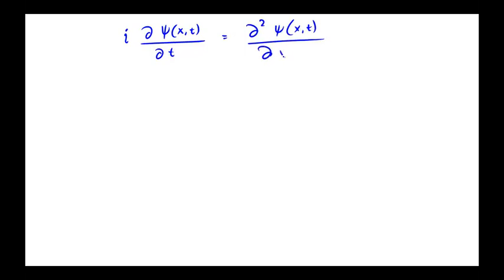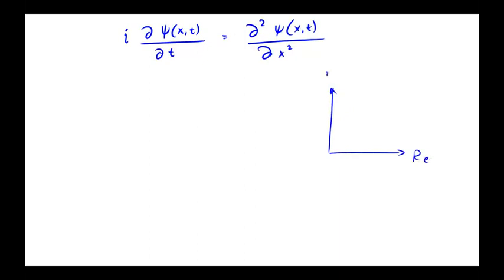So remember our equation now is i d psi of x comma t by dt is d2 psi of x comma t by dx squared. Okay, why i times this? So let's say we are working in the complex plane.